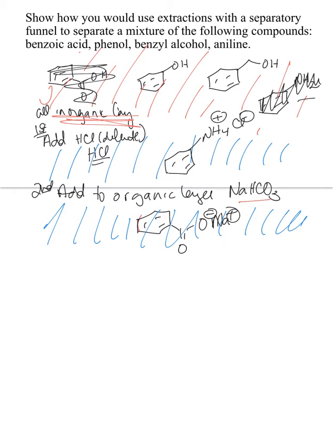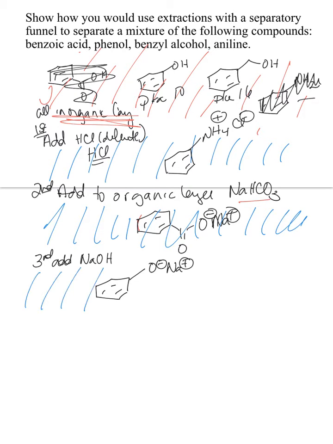So the only things you have remaining in your organic layer are your benzyl alcohol and your phenol. Now the pKa value difference here, this is 10 and this is about a 16. So now the third thing you want to do is add sodium hydroxide, and that will deprotonate your phenol, and now that will go into your water layer because it's a salt. And so now all you have left is your benzyl alcohol in your organic layer.